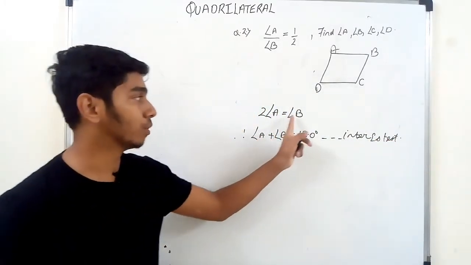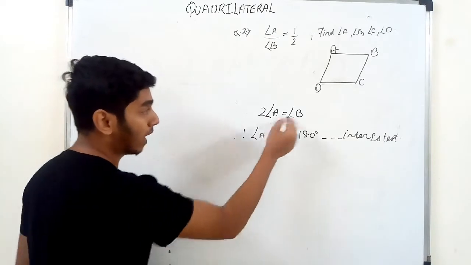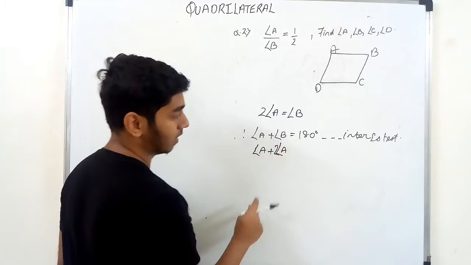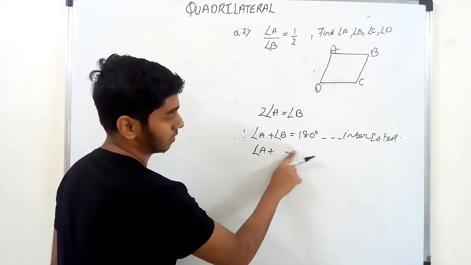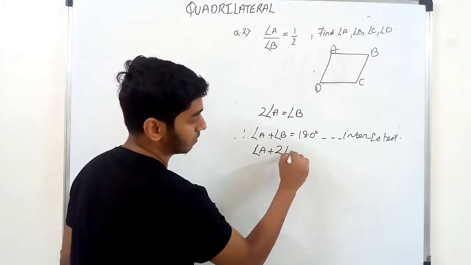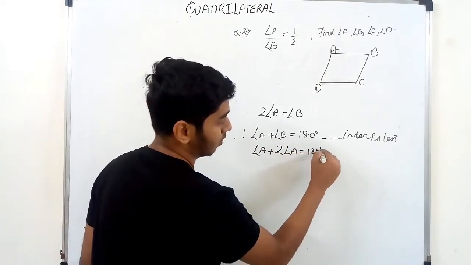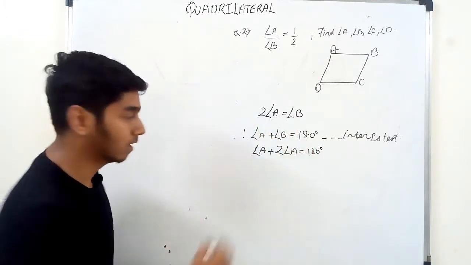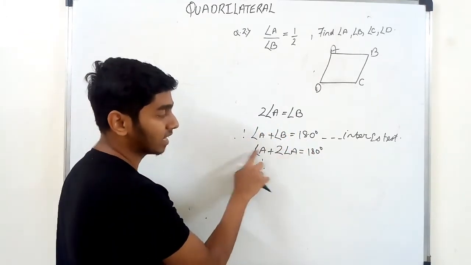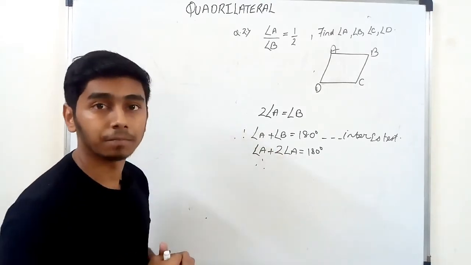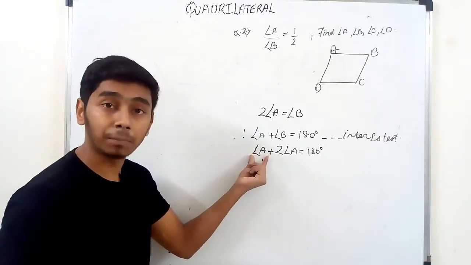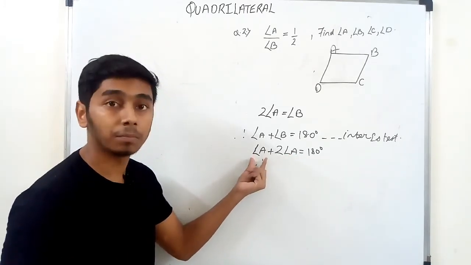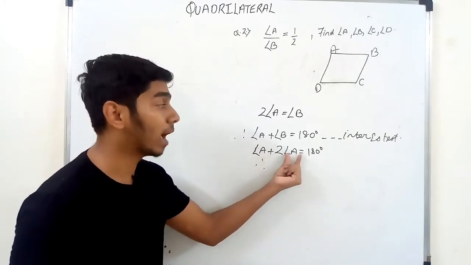Therefore, angle B is 2 times angle A, so we'll say angle A plus 2 times angle A equals 180 degrees. I've just substituted angle B as 2 times angle A, therefore we get 1 times angle A plus 2 times angle A. It's like 1 time of something plus 2 times something, or we can say 1 apple plus 2 apples.